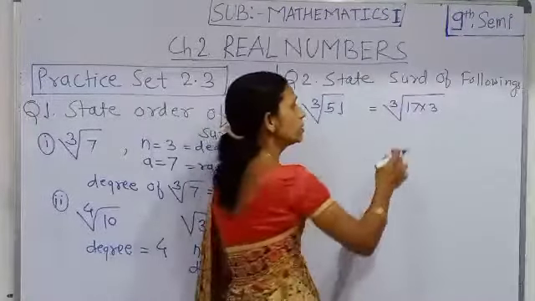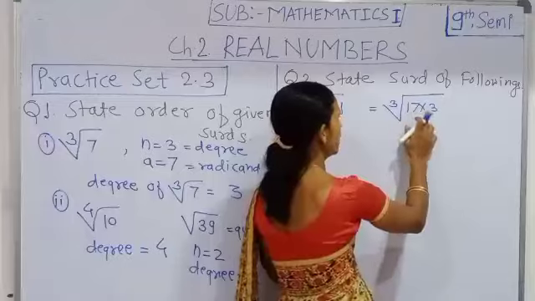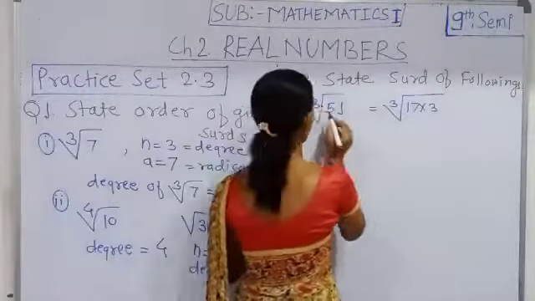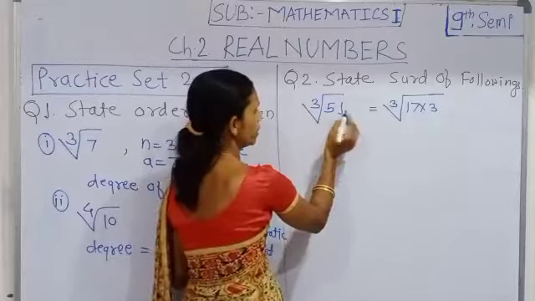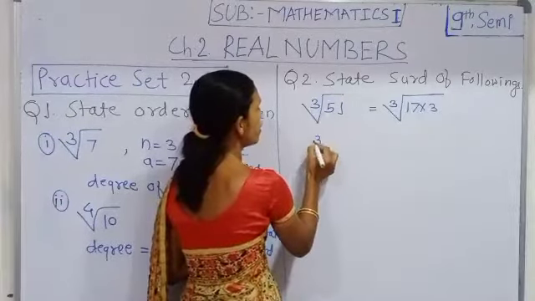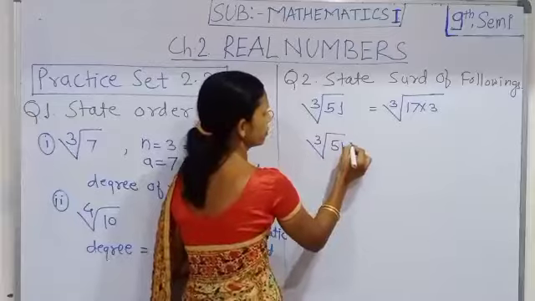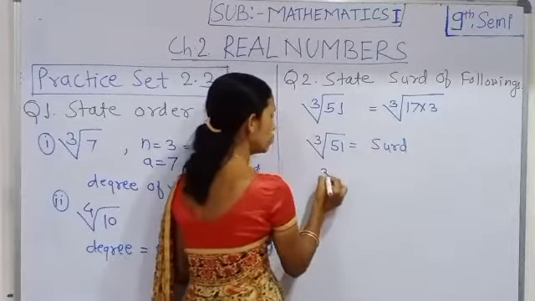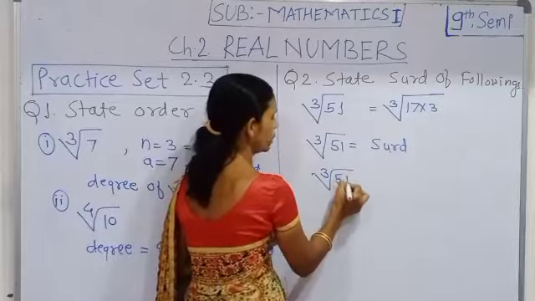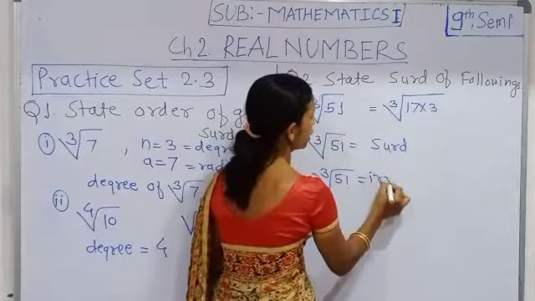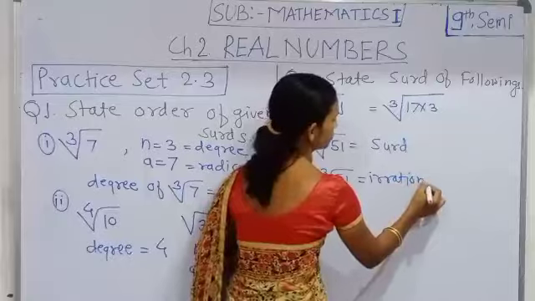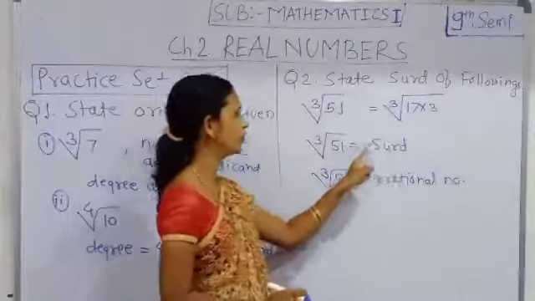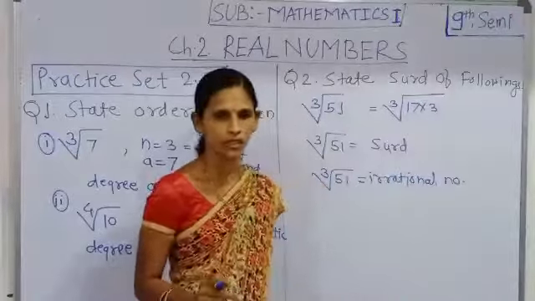Therefore the cube root of 17 or 3 cannot be taken. Therefore the cube root of 51 is an example of a surd, because its value is an irrational number.